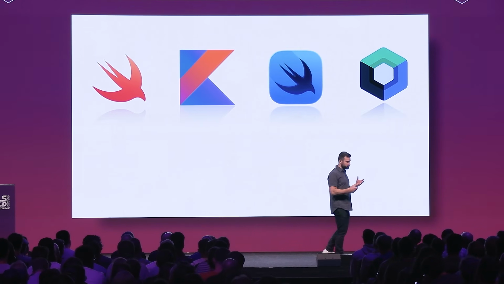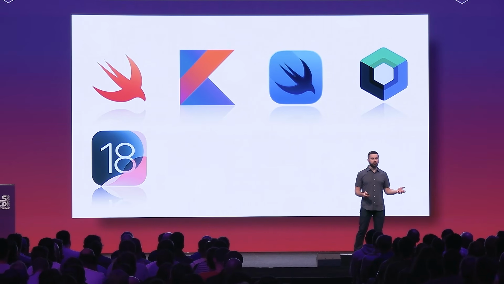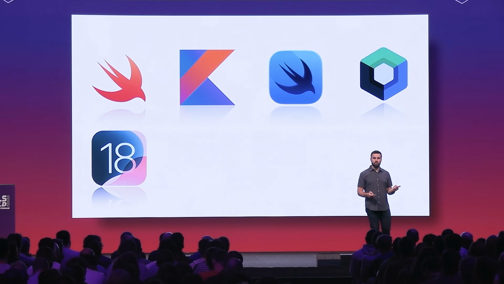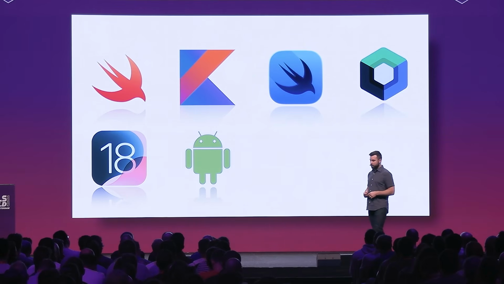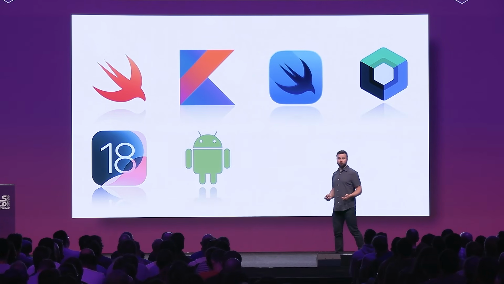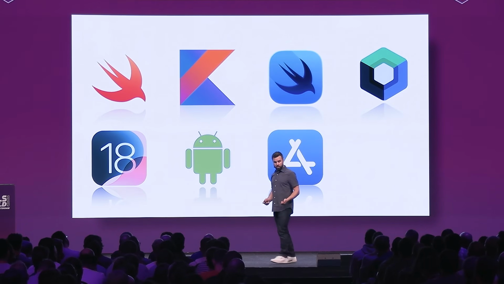Once we have stuff on the screen, we want to make sure we know it works with iOS 18 and one step back with iOS 17, iOS 26 in a few days. Like 7 versions of Android because of the fragmentation. And then we have it built. We're ready to go. We want to share it with our users. Well, now we need to get it into the App Store and Google Play.